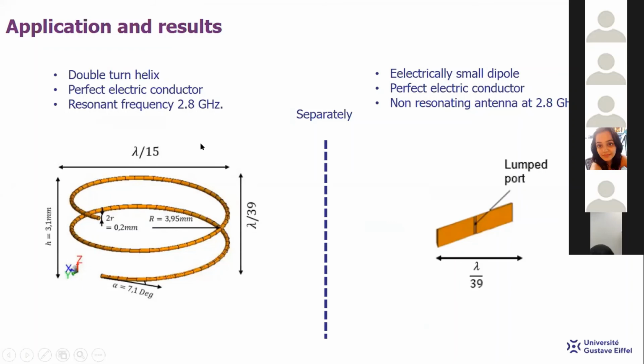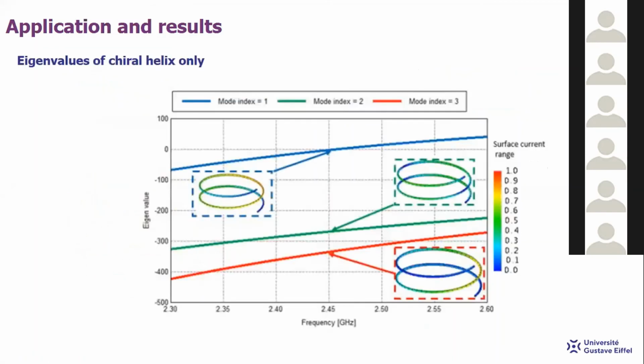The overall size is lambda over 15 by lambda over 39. On the other hand, we have a small dipole, which is a perfect electric conductor and non-resonating at 2.8 gigahertz.